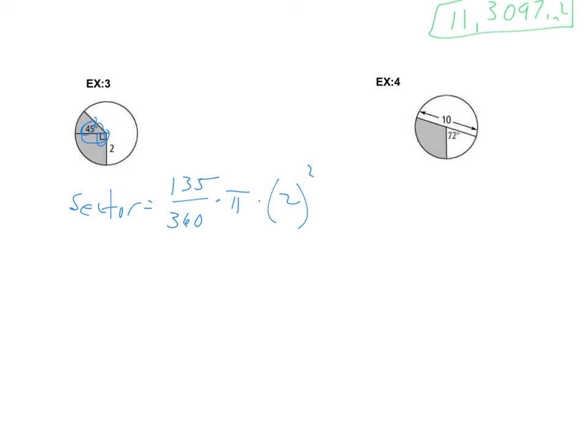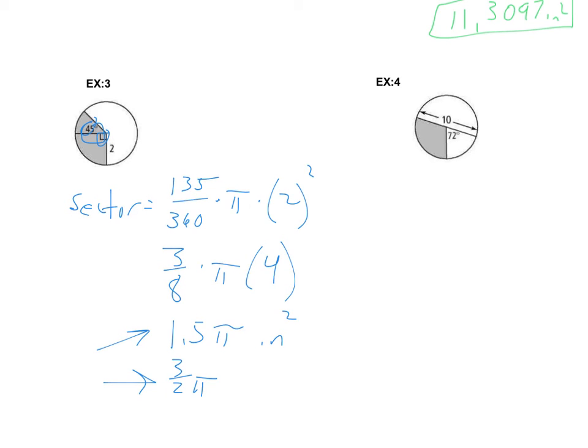So when you do 135 over 360, you actually would get 3/8 times pi times 4. And 4 times 3/8 is 12/8, which is really just 1.5 pi, or you could even say 3/2 pi. Either one of those is an acceptable answer. And let's put some units on there. That would be your exact answer.